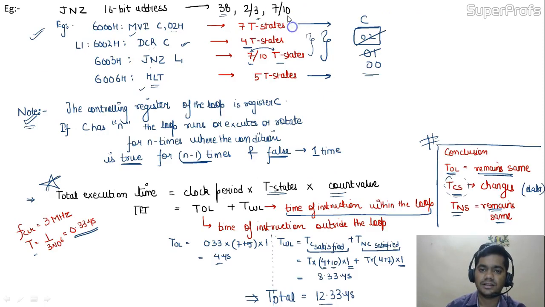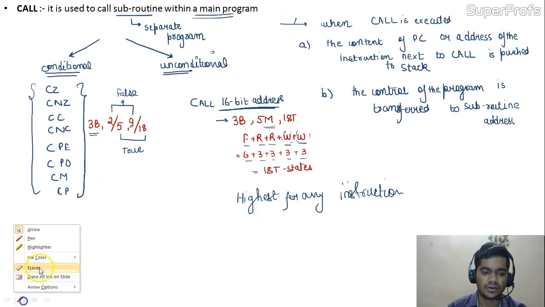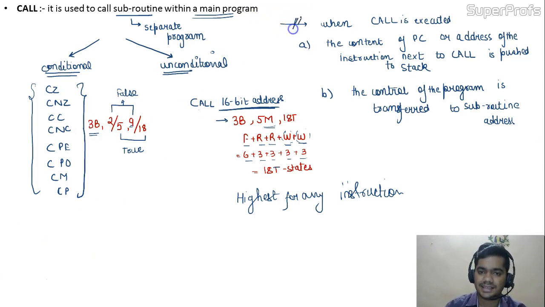The important point regarding the call instruction is, when a call is executed in the program, the content of the program counter, or the address of the instruction next to call, that is, if the instruction for call is at memory address 6000H, and after 3 bytes, that is 6003, this data would be transferred to the stack, so that whenever the call operation or the separate program is executed completely, it would return to the main execution of the program.